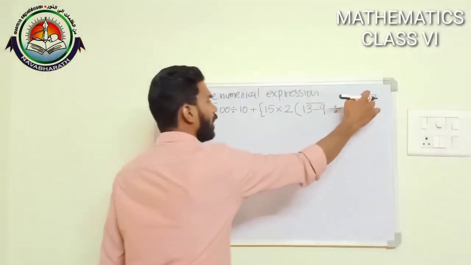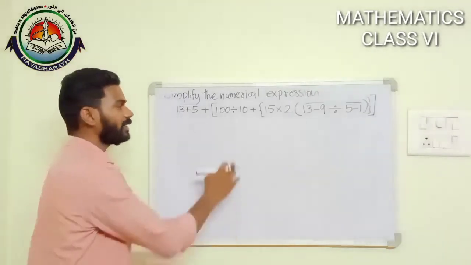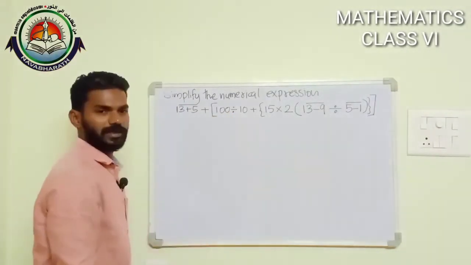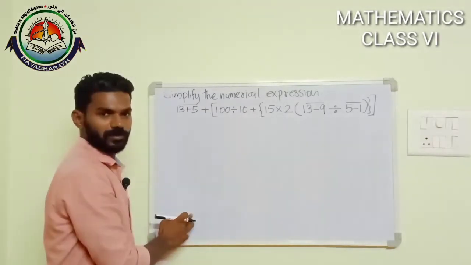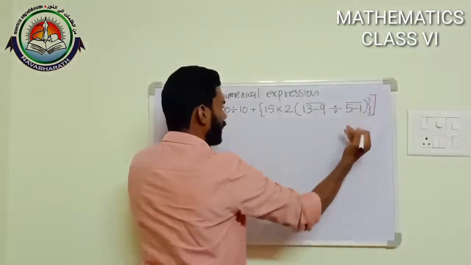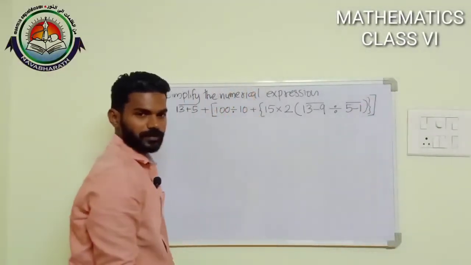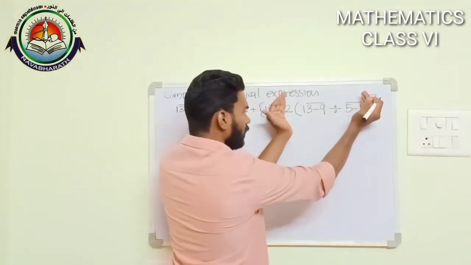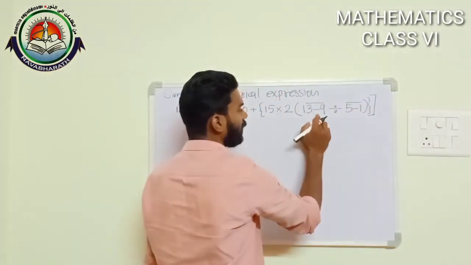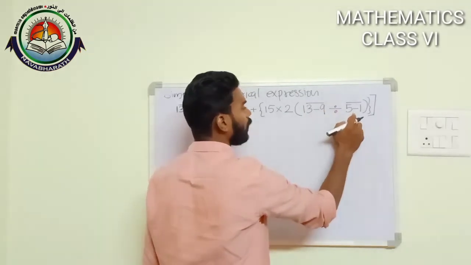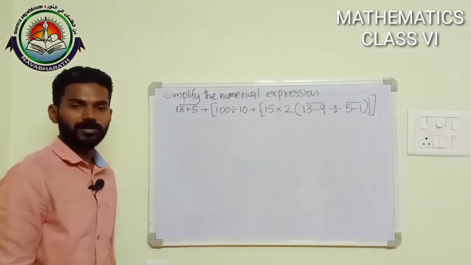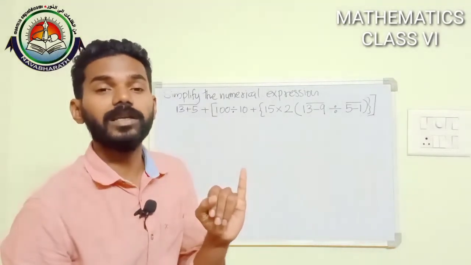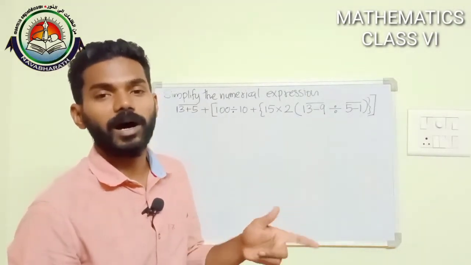Then there is a larger bracket, and inside that bracket it starts with 100 divided by 10. Then plus, and inside this bracket there is an inner bracket: 15 into 2, into again an inner bracket, 13 minus 9 bar divided by 5 minus 1 bar. This is the question. The first step is we need to simplify the bars.